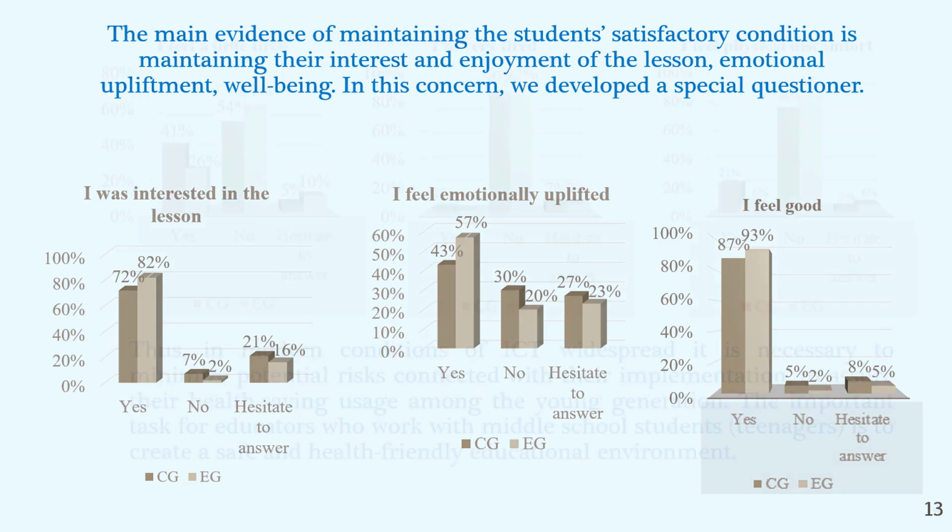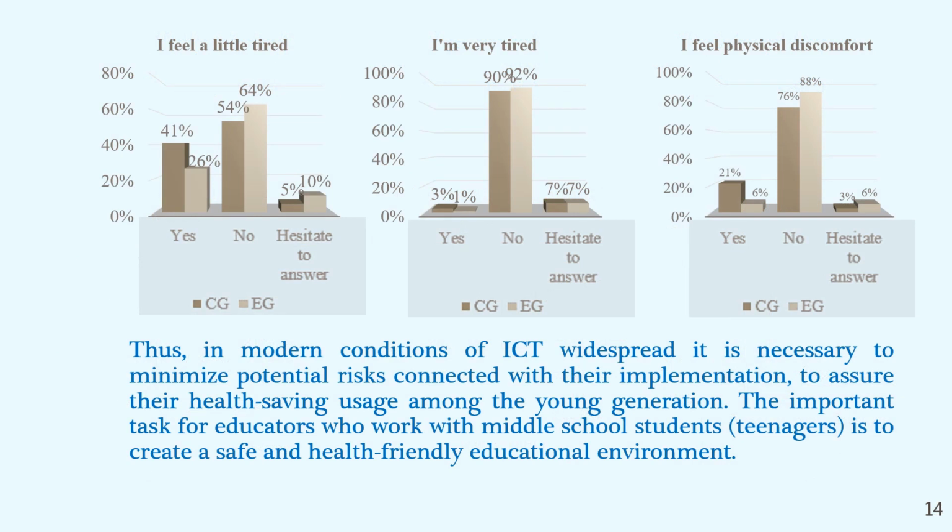In this regard, we developed a special questionnaire. The answers to the following questions were described as you can see on the slide. In general, the quantitative indicators of the physico-emotional state of the students obtained via the author's questionnaire show the results in the experimental group to be better than in the control group.